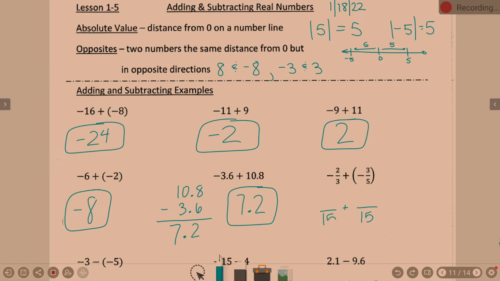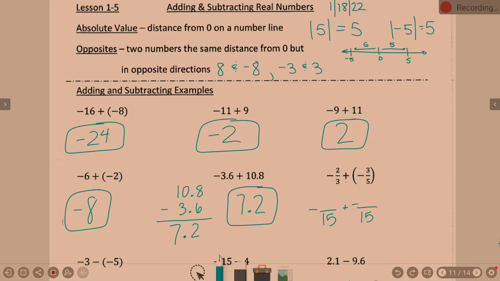We'll write denominators of 15 on both of these. I haven't even addressed whether we're actually going to add or subtract the numbers here. This 3 right here needs to become 15. How do I make 3 become 15? What am I going to multiply 3 by to get 15?